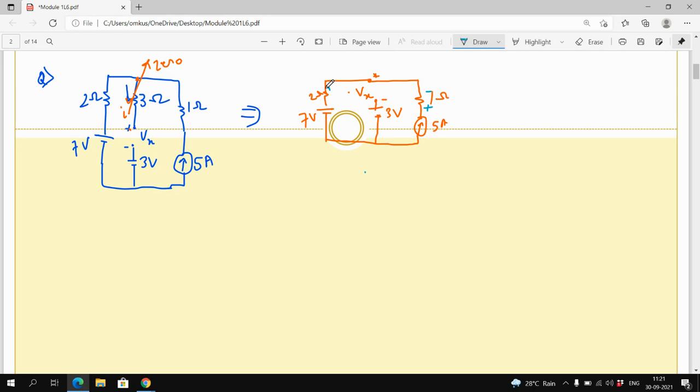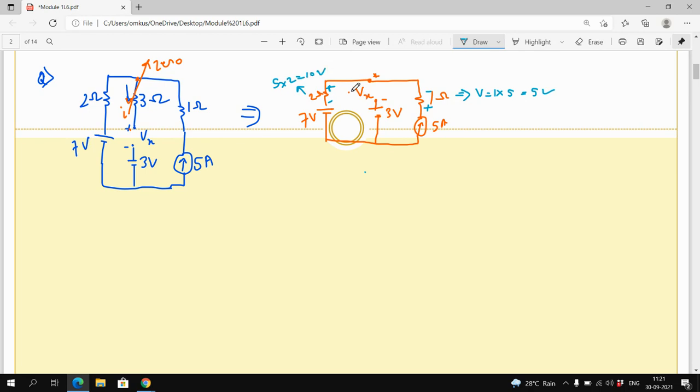Similarly, this is positive and this is negative. Now you know the current flowing in this branch, so what is the voltage drop? The drop is 1 into 5, that is 5 volt, right? And across this element, 5 into 2 is equal to 10 volt, right?